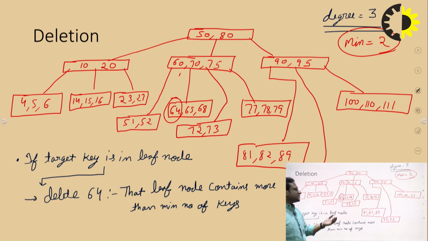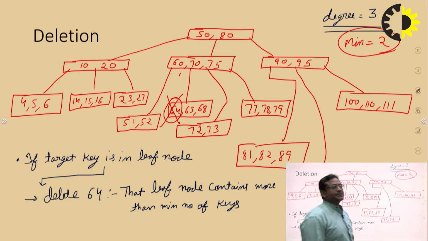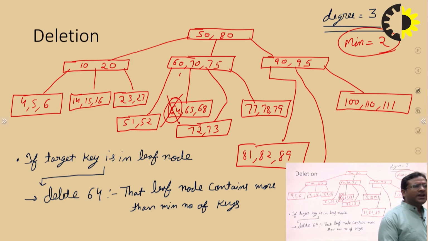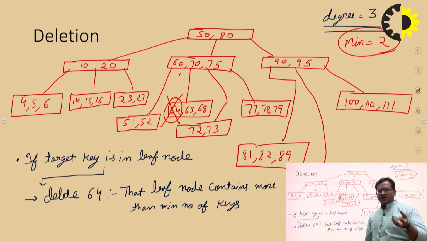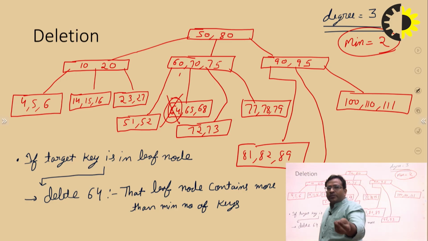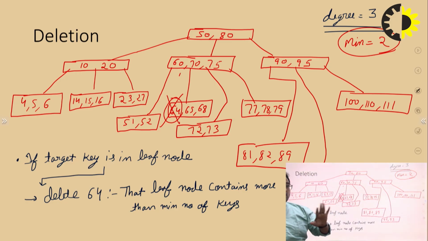Now you have to see whether this node has more than the minimum number of keys. Yes, it has 3. We need only 2. So we simply delete this one. Do nothing else, just delete it. If the node has more than the minimum number of keys, you just delete it. I am talking about the leaf node case.